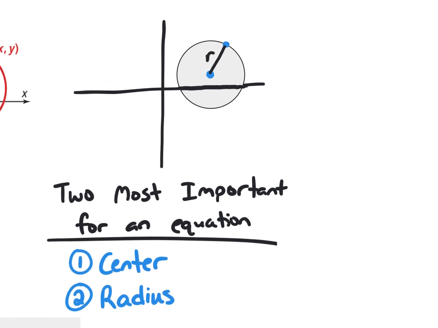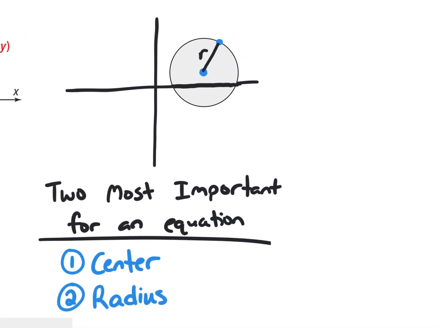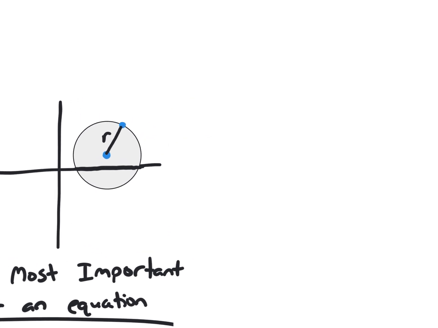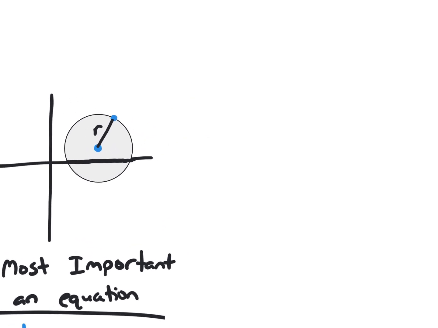Looking at that picture, do I know the length of that radius? No. How can I find the length of the radius? Bingo. Not Pythagorean theorem. Distance formula. Originally that would be D equals, but we're looking for R. So R equals the square root of x minus h squared plus y minus k squared. I'm going to call this h, and I'll tell you why later.